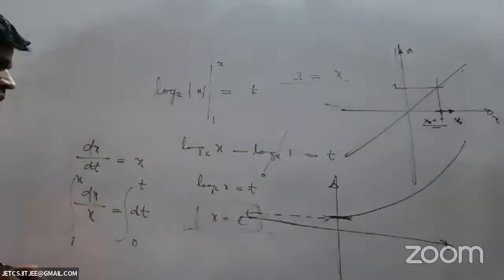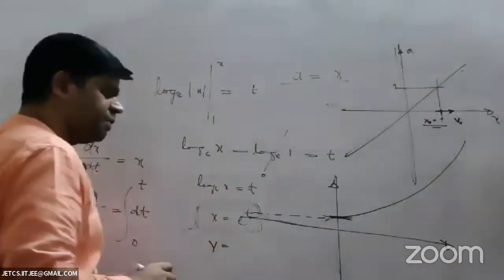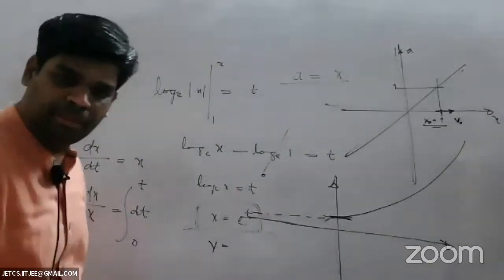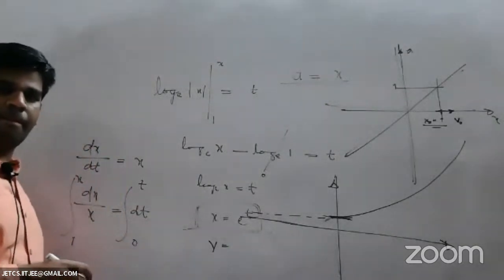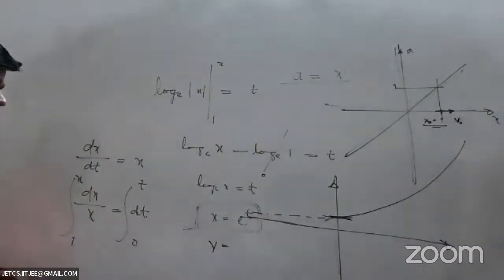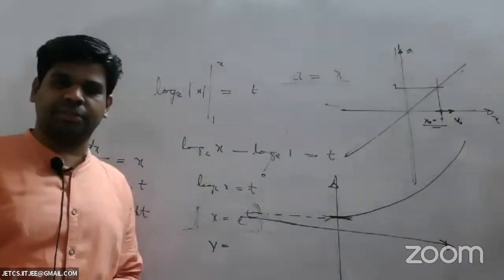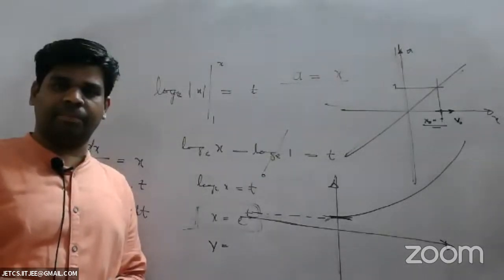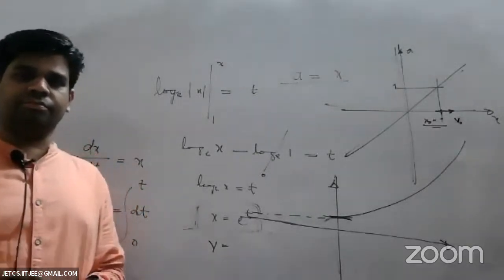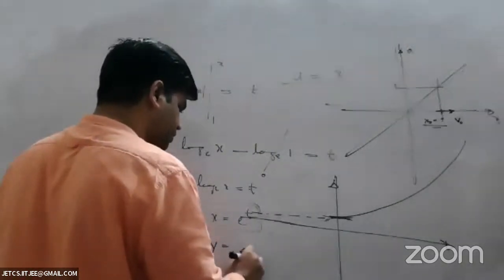I got x as a function of t. What is v as a function of t? I differentiate this. I get v is equal to the derivative of e power t with respect to t. These derivatives you have to remember, okay?